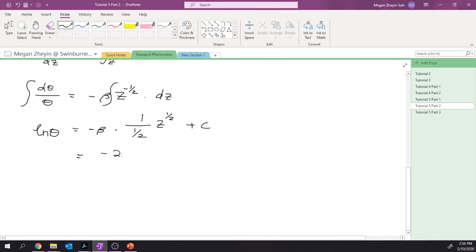Therefore we get negative 2 beta z to the power of 1 over 2 plus c. In this case we take c equals ln k, since it is a constant.